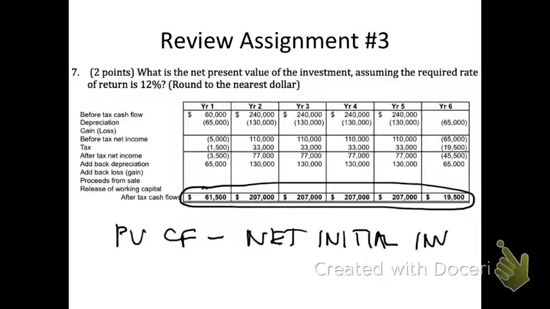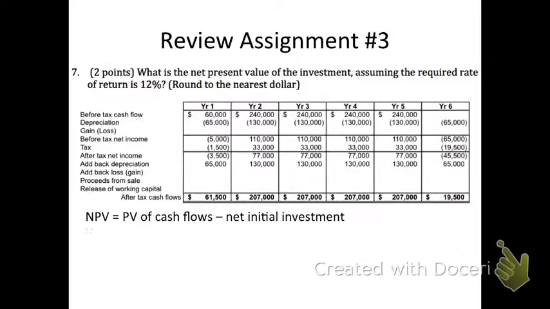And so this is where your financial calculator is going to come in handy. You're going to put in your cash flows, and your net initial investment, putting that in typically as a negative, and everything else in as a positive, as long as it's a positive cash flow. And so what you should get for net present value is $19,157. And be sure to practice this, because it's not something you want to try to learn how to do on your calculator during the exam.